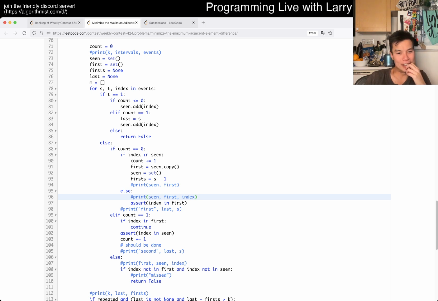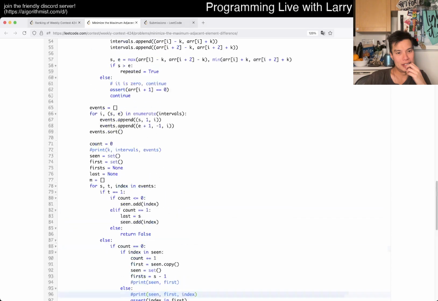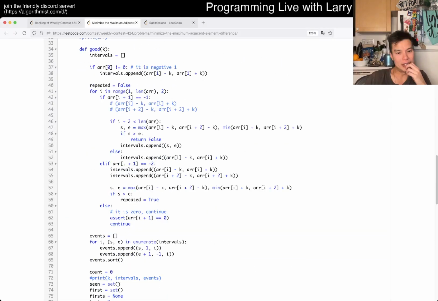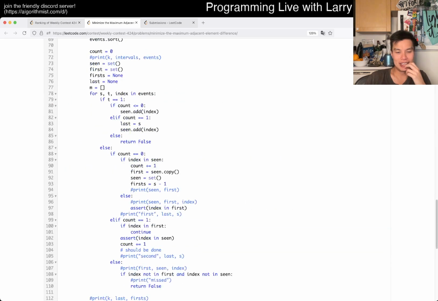So it's very awkward. I knew how to do this, but I just didn't know how to prove this to be sufficient. I had like 10 wrong answers, so it's not like I wasn't trying. But anyway, this is all I have with this one.